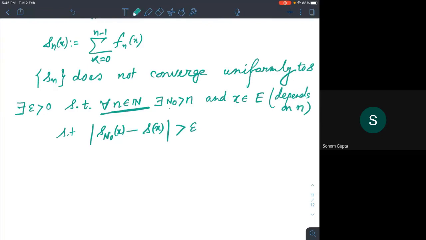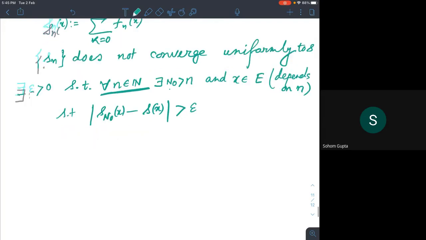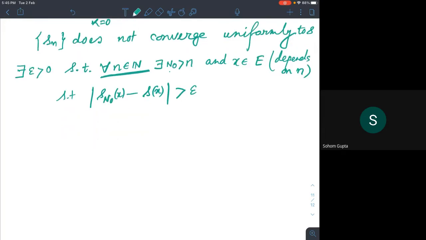So can you please explain why we need the N naught criteria? Oh, that doesn't matter actually. See here, n naught greater than n comes as the formal negation of for all n greater than n naught. So instead of for all, you say for each n.